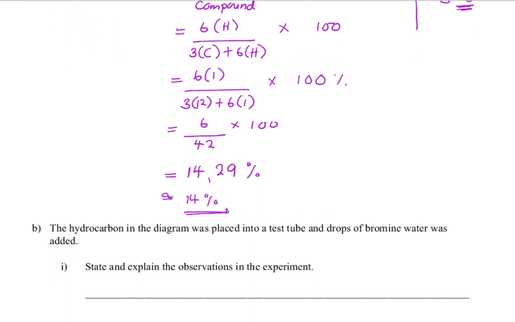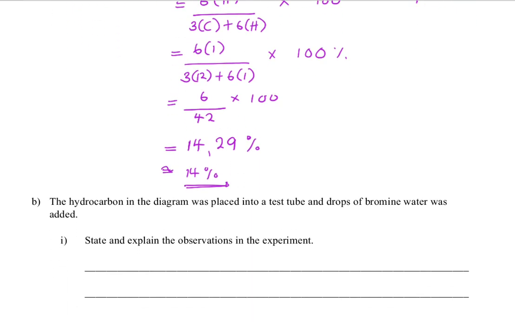Then we look at B. The hydrocarbon in the diagram was placed into a test tube and drops of bromine water were then added. In exams, whenever you find something to do with reactions, you look at the reactions in terms of the homologous series to which it belongs.